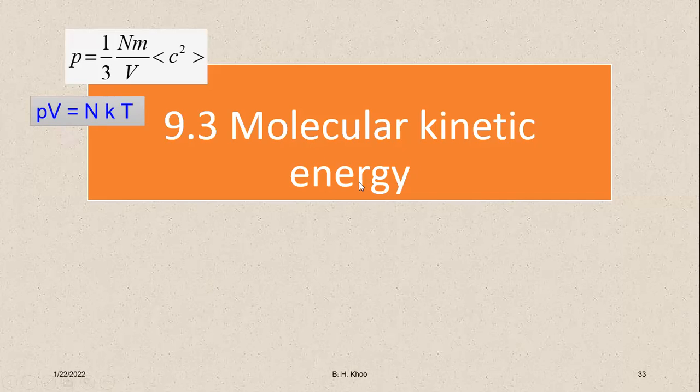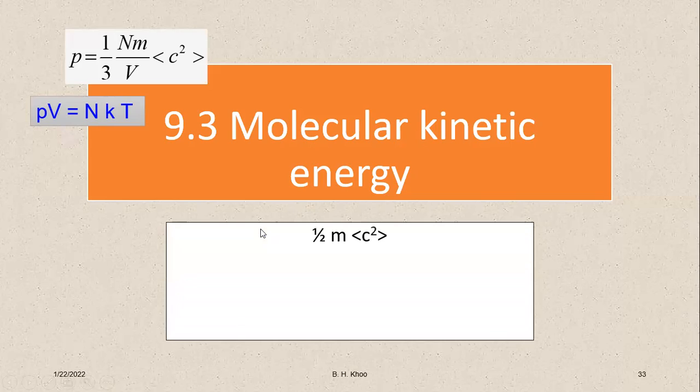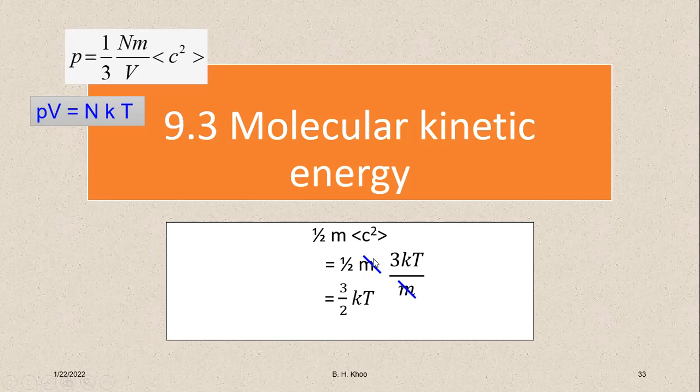So now we want the kinetic energy of a molecule, which we will derive: half m c square, where c square equals 3kT over m, and m we can cancel to get our final equation. There's a value for c square. Okay, so we will derive this equation.